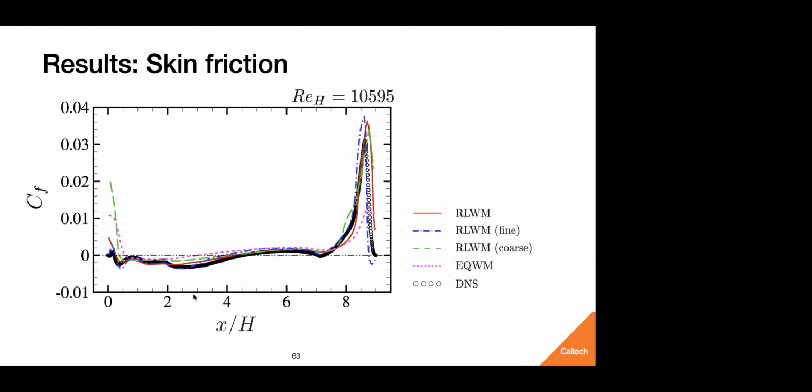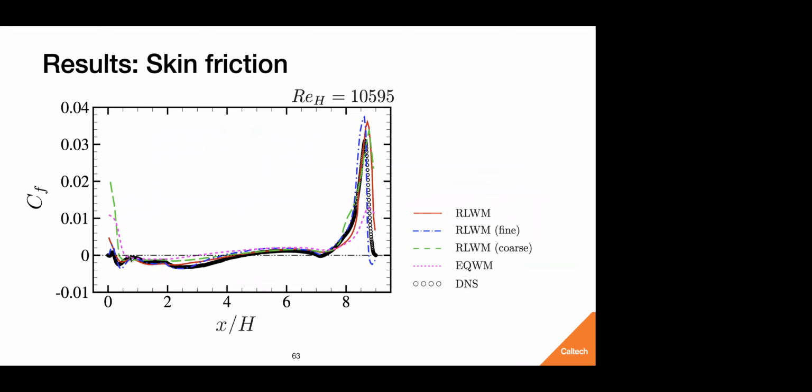So here are some results. It's a bit busy, but the DNS results are shown in these figures. So these black figures are your DNS. And this magenta line you see here is our state-of-the-art model. And you can see that it highly underpredicts the wall shear stress, especially near this favorable pressure gradient region.